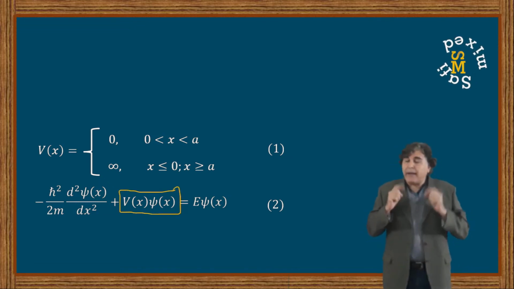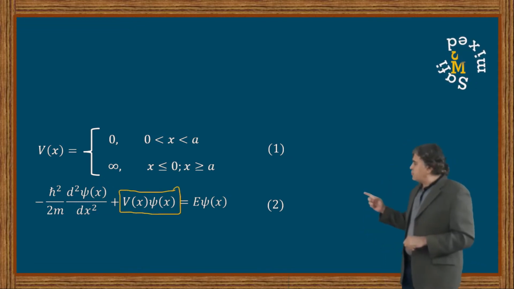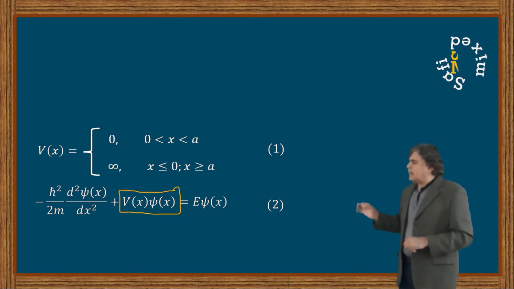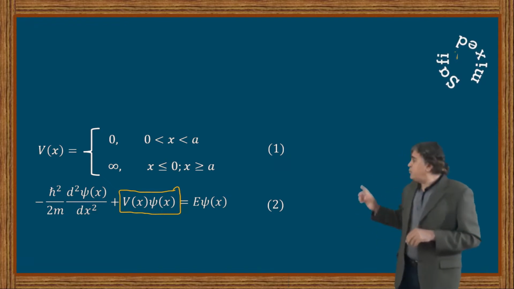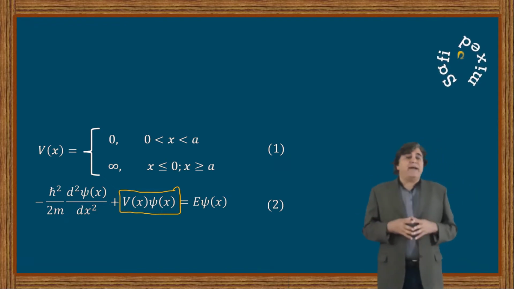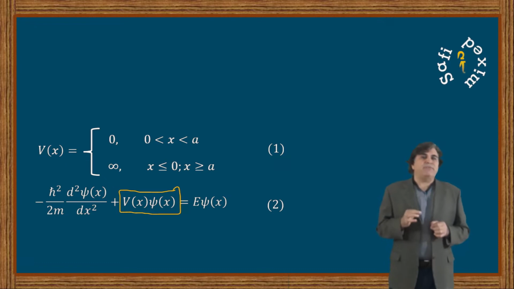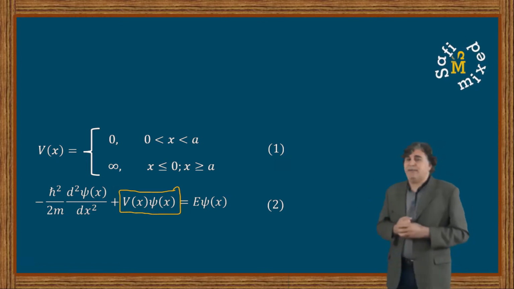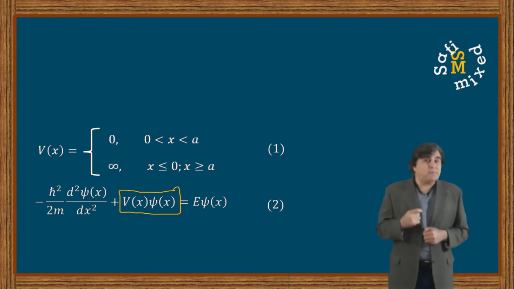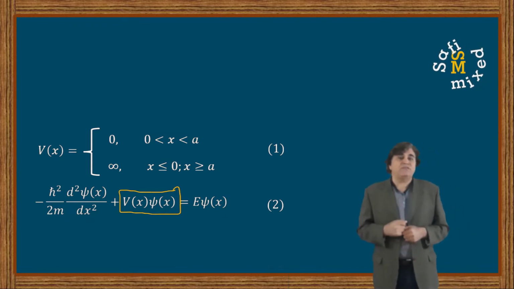With this in mind, if we look at the second term on the left, it is a little problematic in the present scenario because according to equation 1, outside and at the boundaries of the well, the potential V(x) equals infinity, which would make this part infinite at the boundaries.